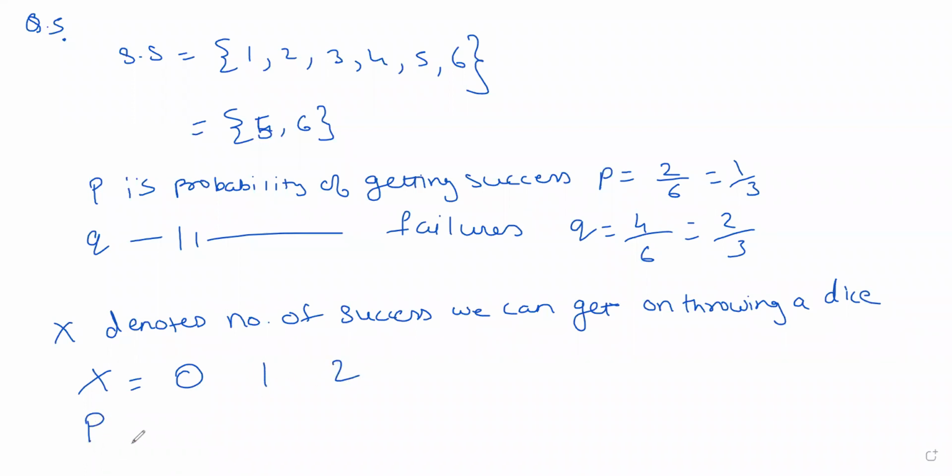And then what is the probability? Probability of getting no success at all, that is, first time also you got 2 by 3 and second time also you got 2 by 3. So it will be 4 by 9. 1 success, so 1 by 3 into 2 by 3, that will be 2 by 9. And 2 successes, so it will be 1 by 3 into 1 by 3, that is 1 by 9.